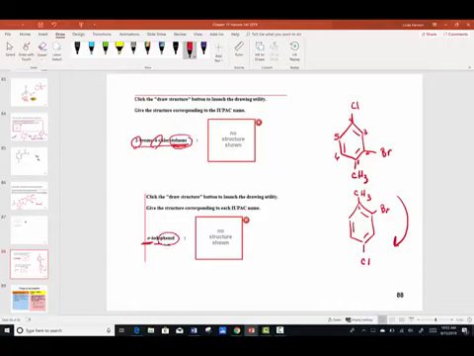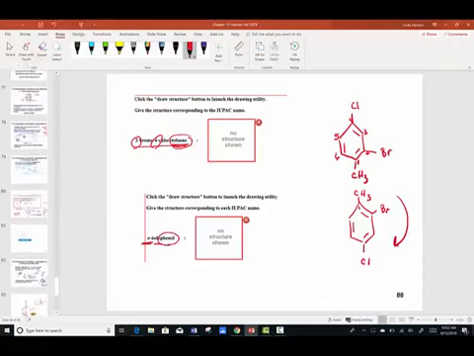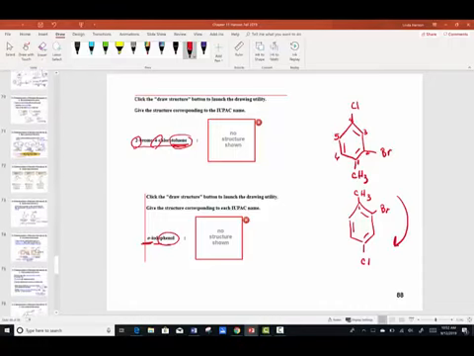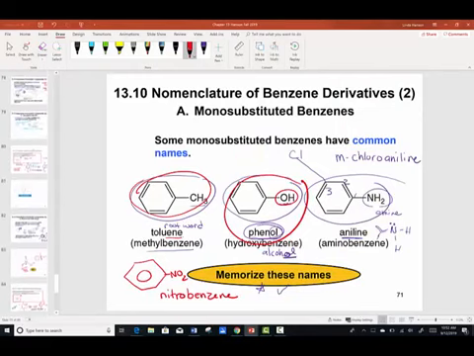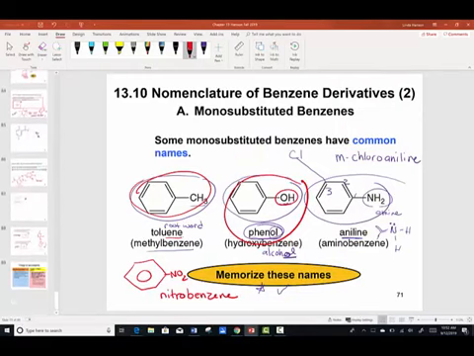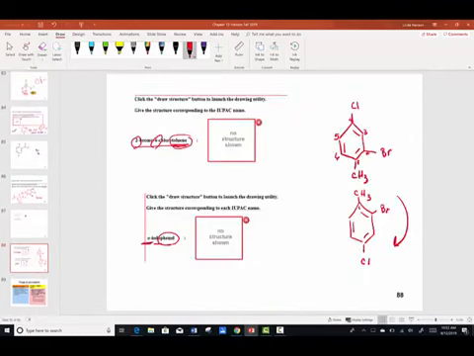Ortho-iodo-phenol. Phenol. I'm working to memorize the phenol functional group. Remember here, phenol, it's the hydroxyl group on a benzene ring. So recognizing those helps me draw correct structures. So if I come back to this slide, I know that I'm beginning with a benzene ring that has an alcohol group, OH.